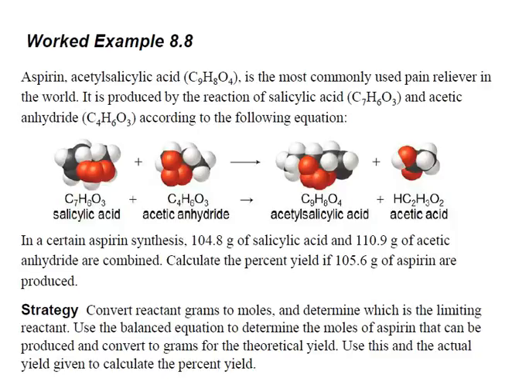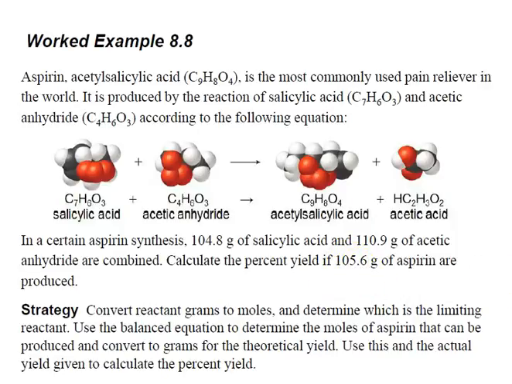Convert to grams for the theoretical yield. The theoretical yield will be a mass in grams of the best possible scenario of how much you could produce if you got 100% conversion. Use this and the actual yield given to calculate the percent yield. The actual yield would be how much you produced in your experiment, which would be this value.